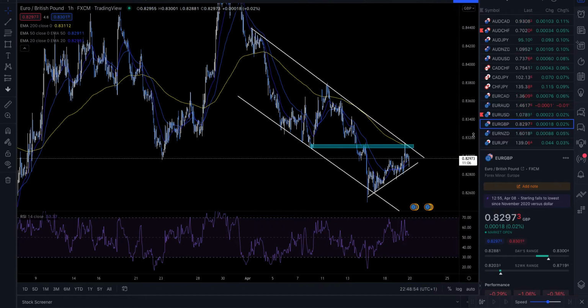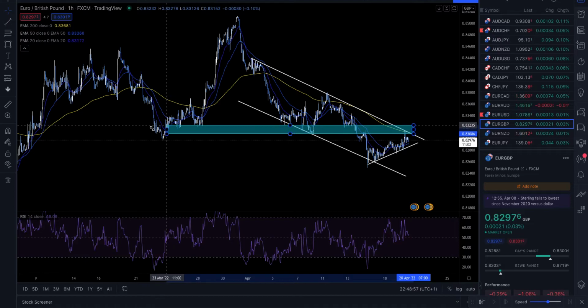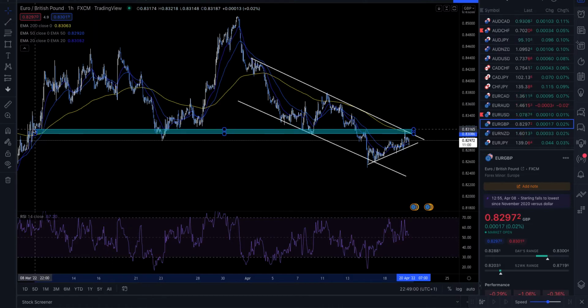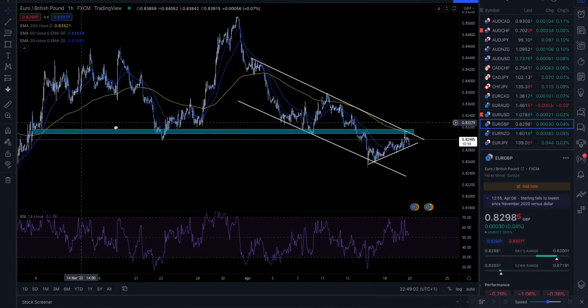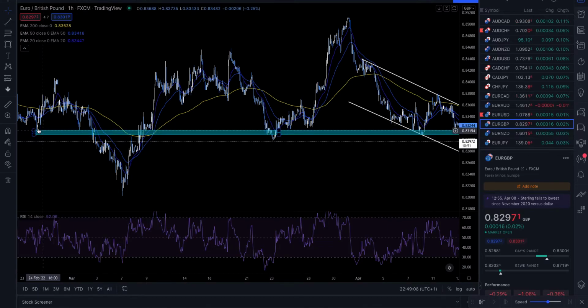However, if we zoom out and look at the bigger picture on EURGBP, we can actually extend this level of support and resistance right across something like this. And now we can see that this zone has actually held up for quite some time now. We've had multiple touches as support dating back to the 24th of Feb, again on the 1st of March, multiple times around the middle of March, then again at the end of March.